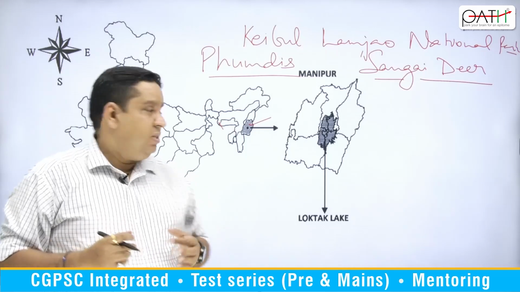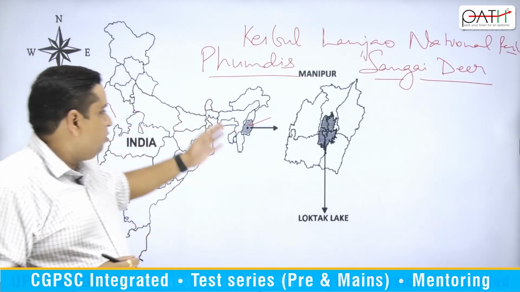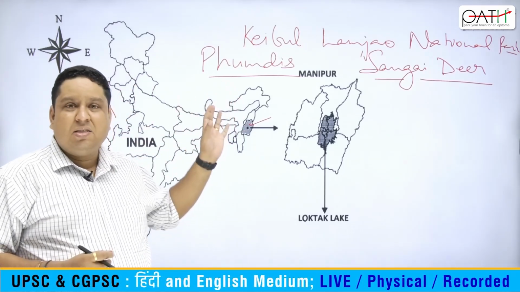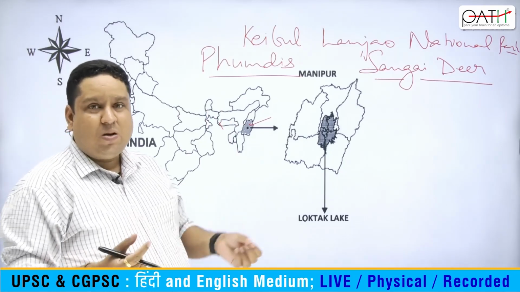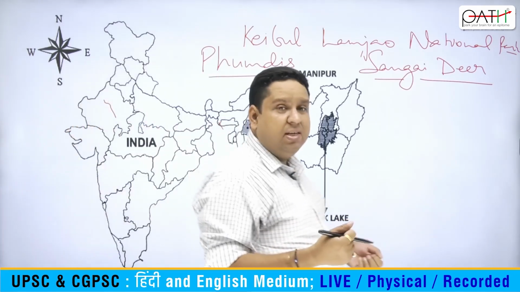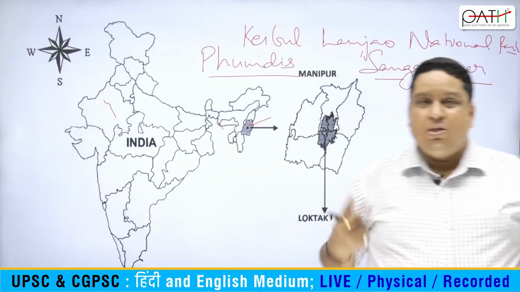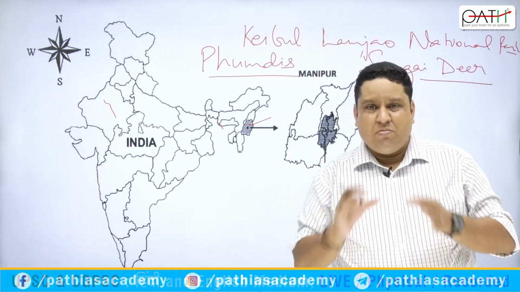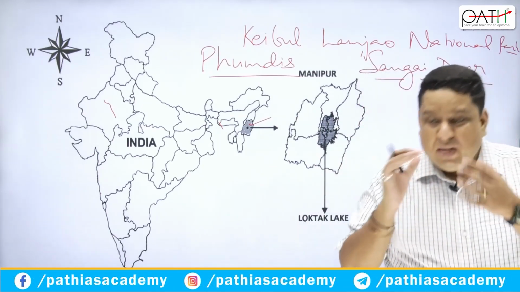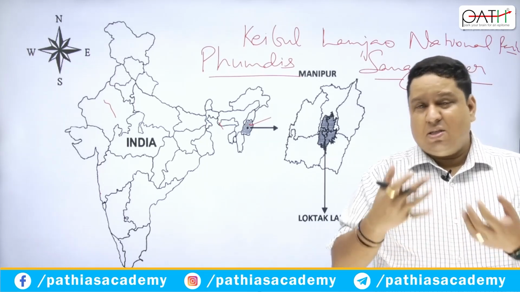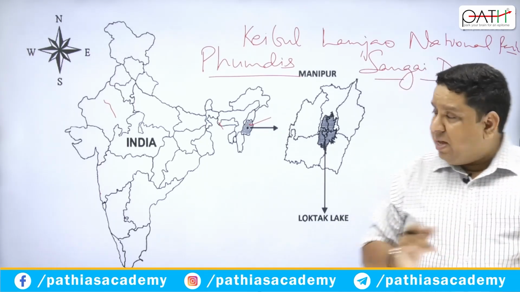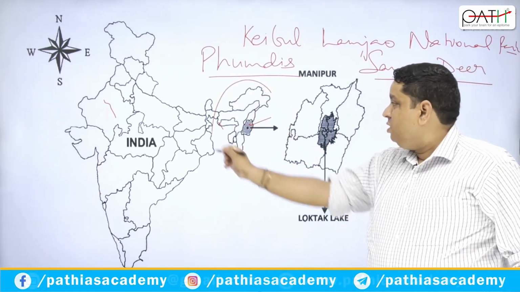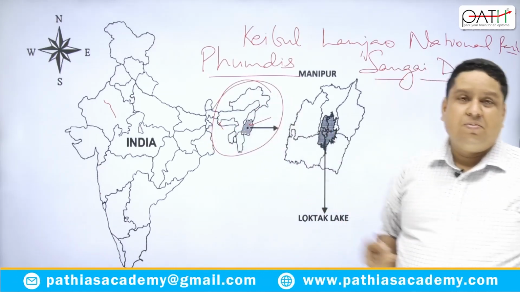Sometimes on this map the location appears larger, but when you observe the atlas, I have seen many students give up, saying it's congested and they can't see it properly. So prepare this northeastern part very well, because it is very, very important.